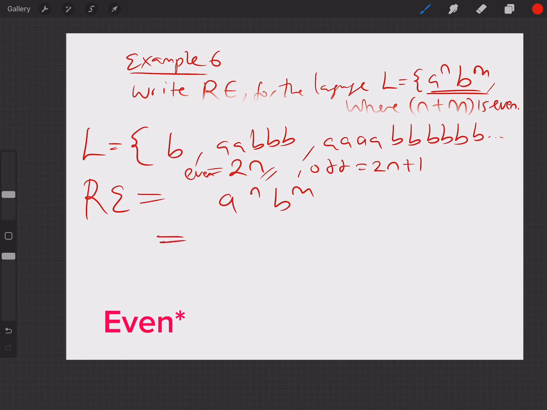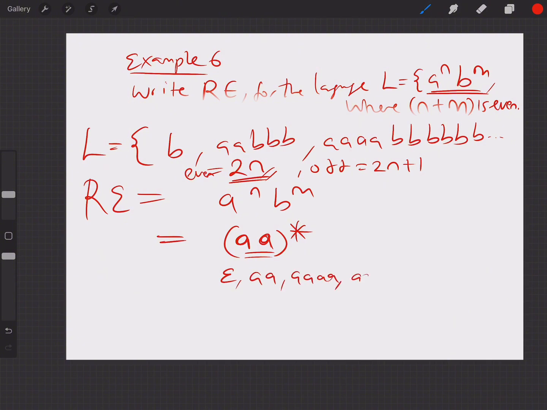For even numbers, two or more occurrences of that. First things first, let's put the 2. That is aa. So a already has 2 occurrences. Now, how do we undo the situation where we have 0 occurrences of a, which is also an even number, actually? Well, I don't have to do the clean closure of that. So, the clean closure of the combination of 2 occurrences of a's would give either empty, aa, 4 a's, 6 a's, so on and so forth.